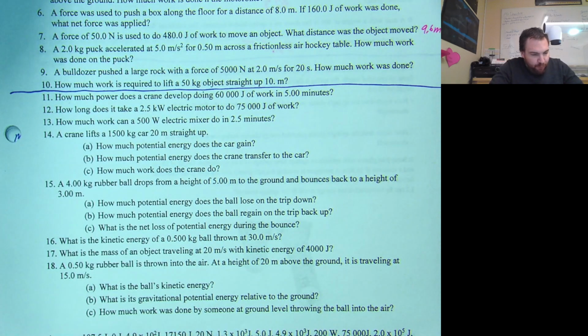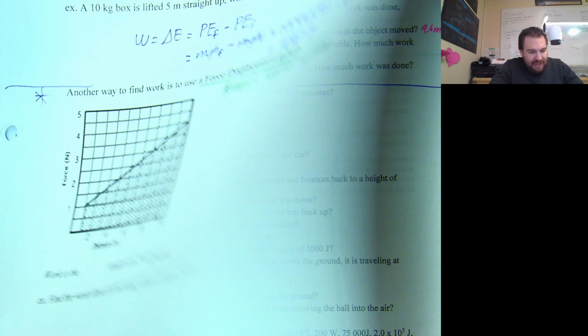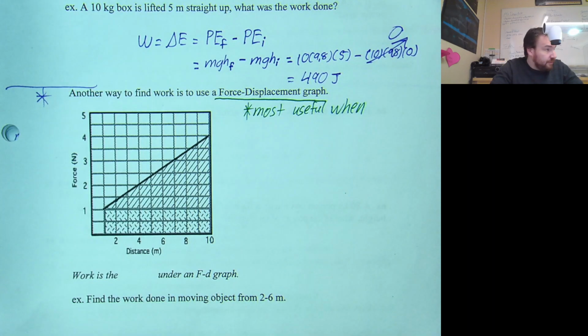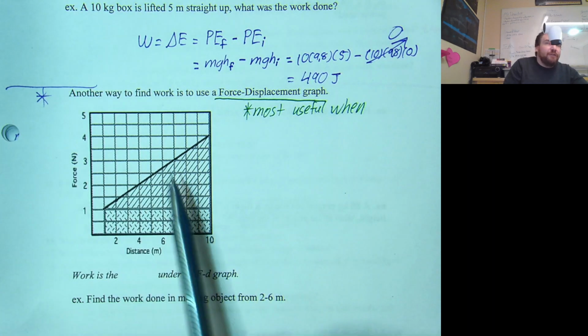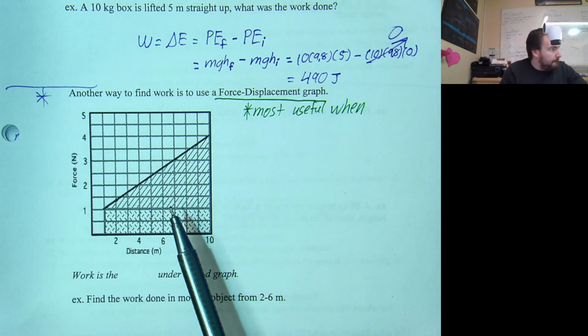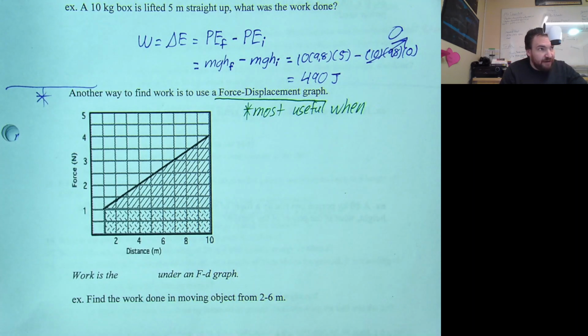If I tell you that the force is 5,000 newtons and the displacement was 40 meters, what would this graph look like? What would a force displacement graph look like for a 5,000 newton force over 40 meters? It'd be a flat, straight line, right?